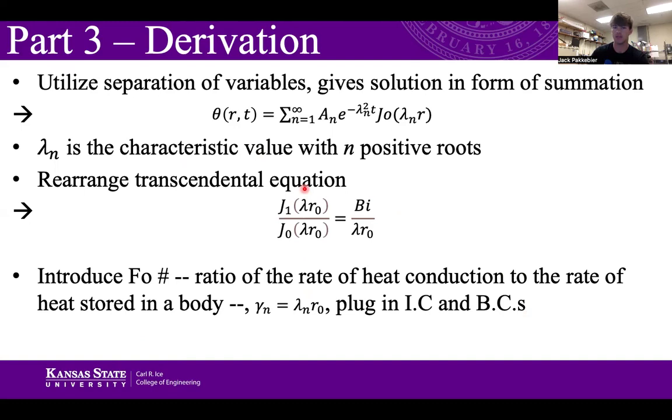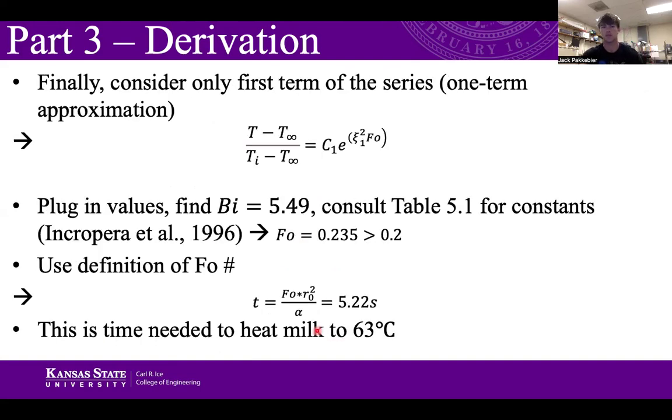Considering this lambda sub n and obtaining the transcendental equation, we can rearrange this to get this as a function of the Biot number. Then we can introduce the Fourier number, which is the ratio of the rate of heat conduction to the rate of heat stored in a body. Know that gamma sub n is lambda n times R naught, and then plugging in our initial conditions and boundary conditions, we'll have enough to solve.